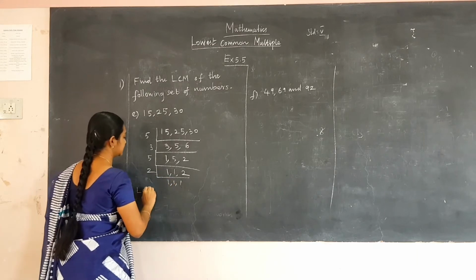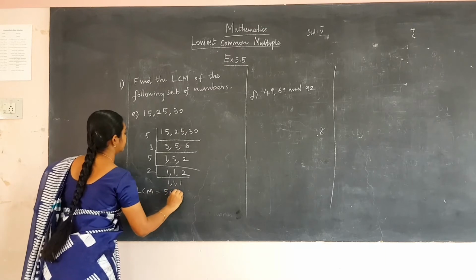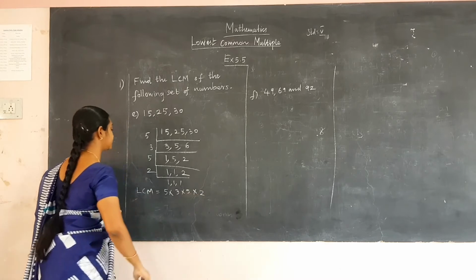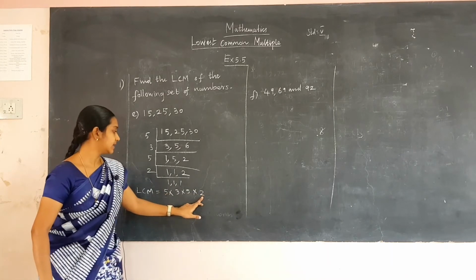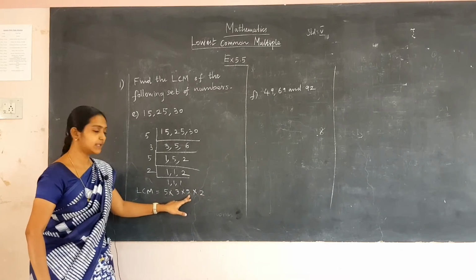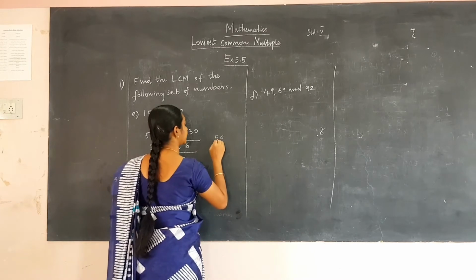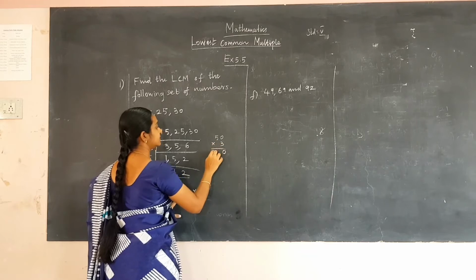So the LCM equals 5 into 3 into 5 into 2. 5 into 2 is 10. 10 into 5 is 50. 50 into 3. 0 into 3 is 0. 5 3s are 15.